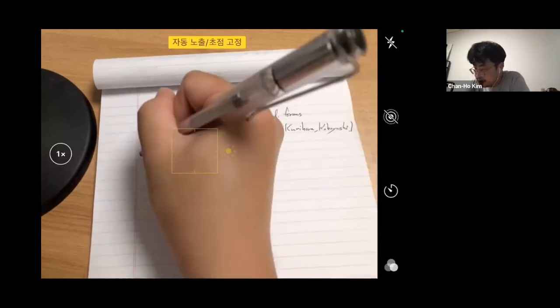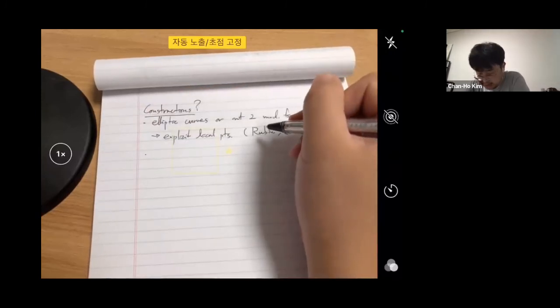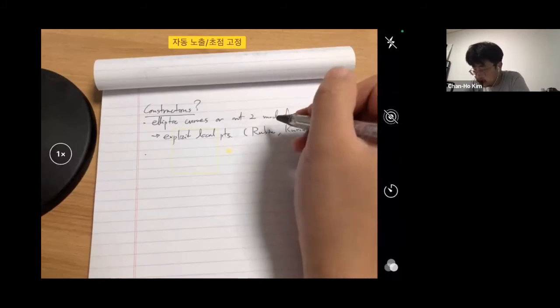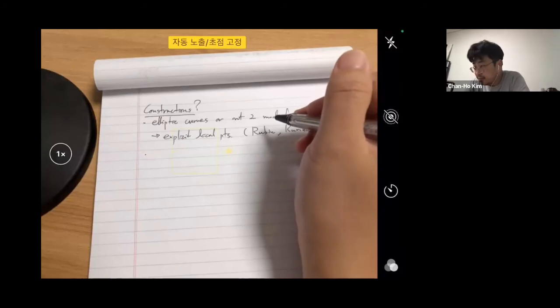And for higher weight modular forms or general p-adic representations, there's no such geometric object, then we need to use the p-adic Hodge theory.